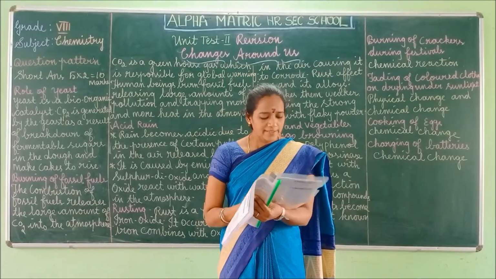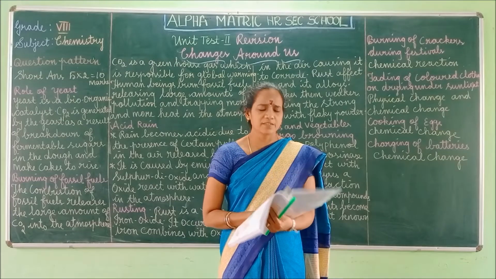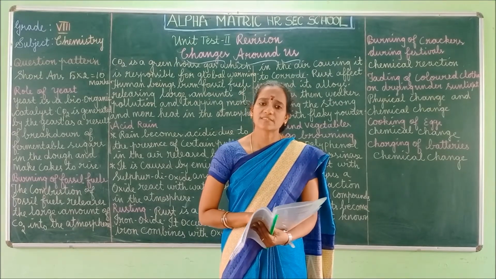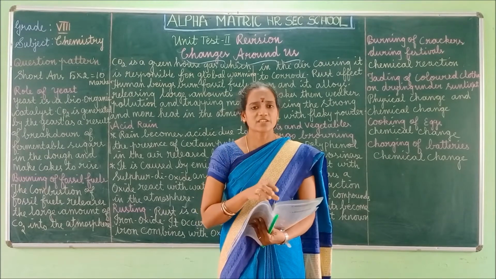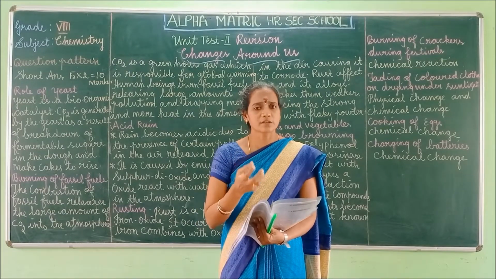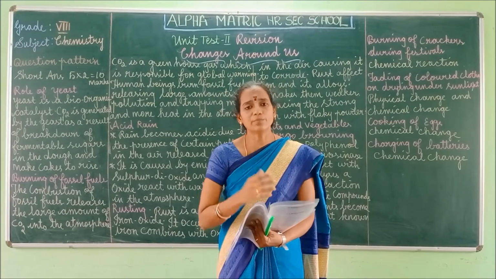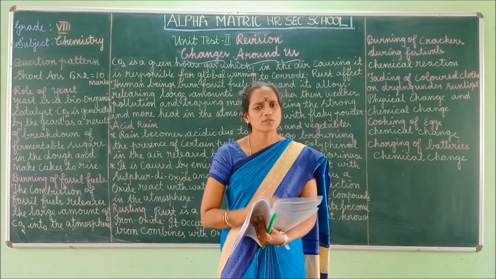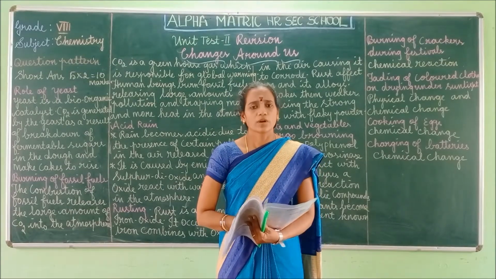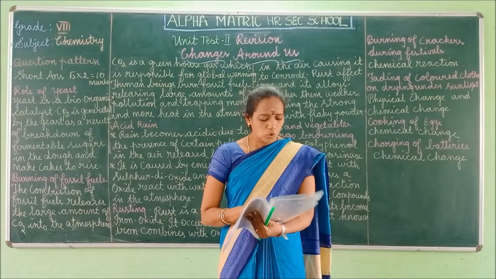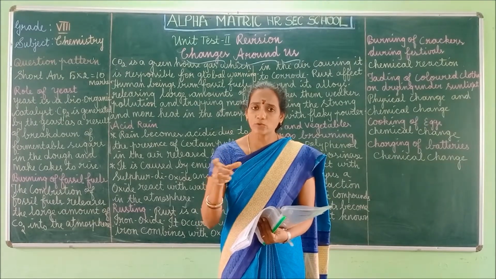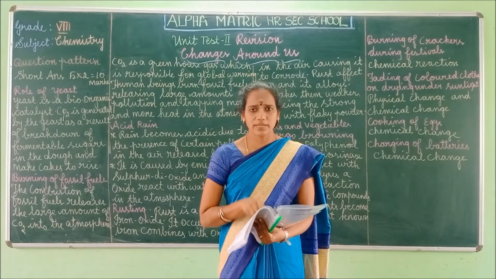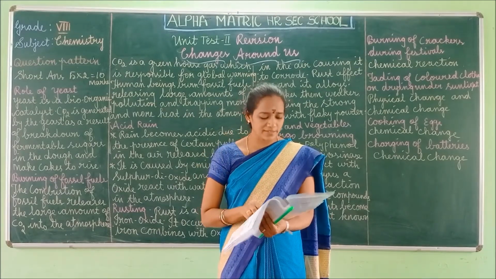Next question, define catalysis. Some chemical substances are used in industries to speed up the chemical reaction. This process is known as catalysis. So the speed of the chemical reaction is influenced by using a catalyst.